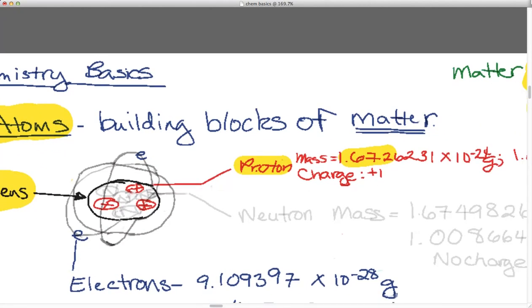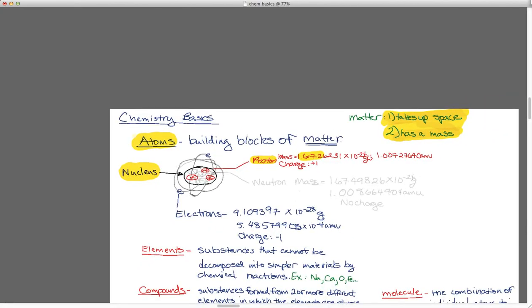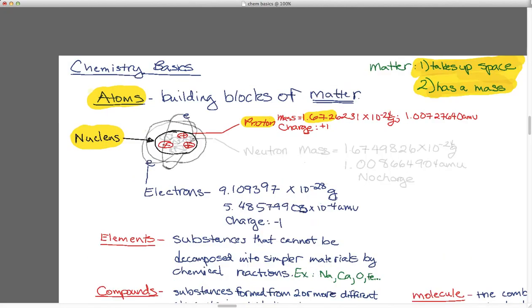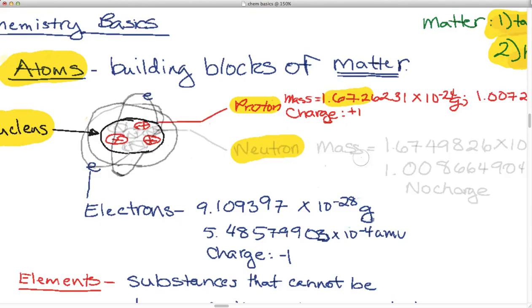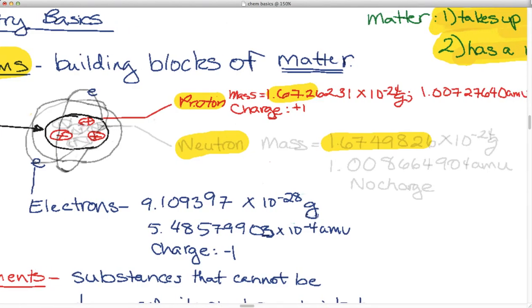Actually, we should zoom out a little bit so we can see it all. So in the nucleus, there's also neutrons. They have a mass of this. Also, it's the negative 24 grams, and the mass in AMUs.